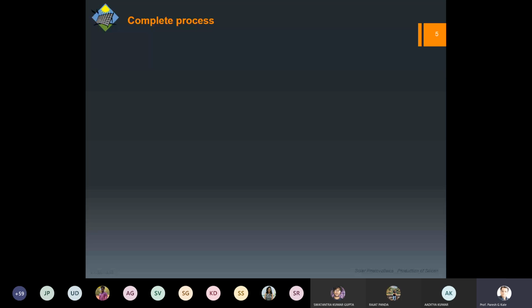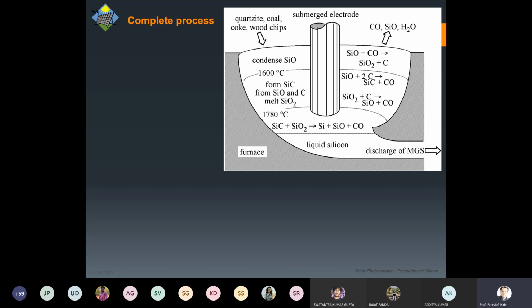This is also a zone process. It means it is not in one go. There are several reactions which are taking place simultaneously in the whole furnace. So you can see here from the top, you are going to add the carbon materials. The flue gases will be released at the top, and you will keep on getting this liquid silicon at the bottom.